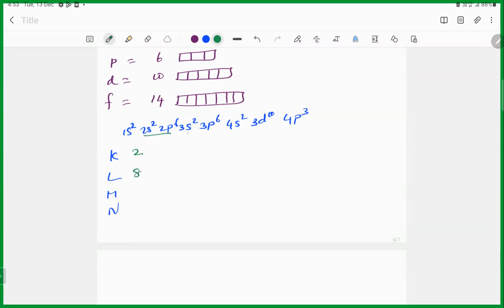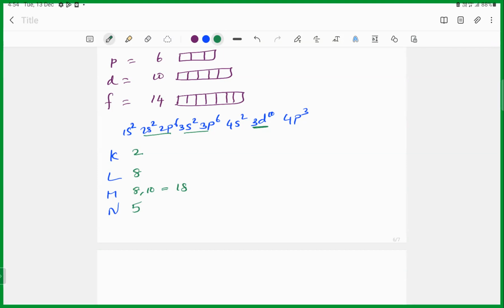M shell has 18, no, sorry, 8 plus 10 is 18. And N shell: 2 plus 3, so 5. Okay.